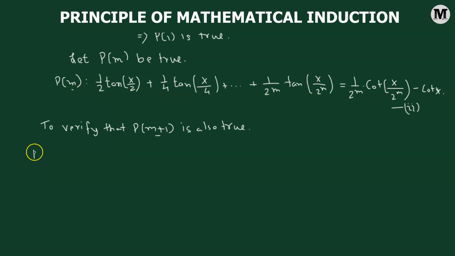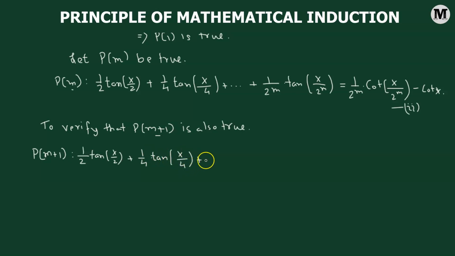But before that, let's try to write down the statement P of m plus 1. So P of m plus 1 is simply, we take the first term, which is half tangent of x over 2, added to the second term, which is 1 over 4 multiplied to tangent of x over 4.